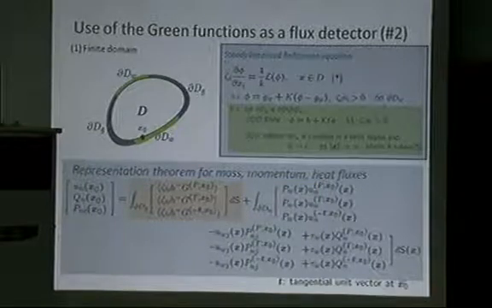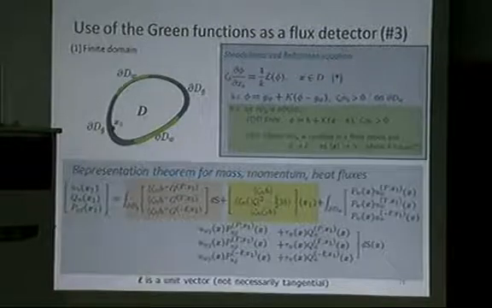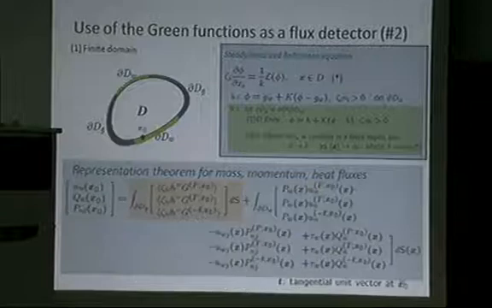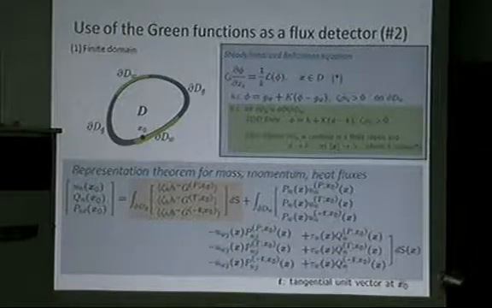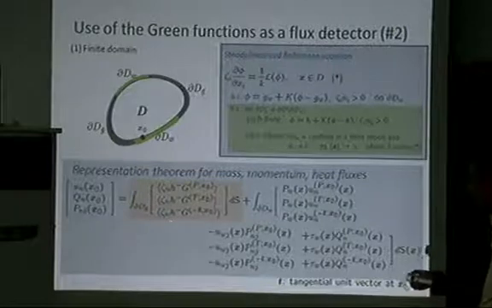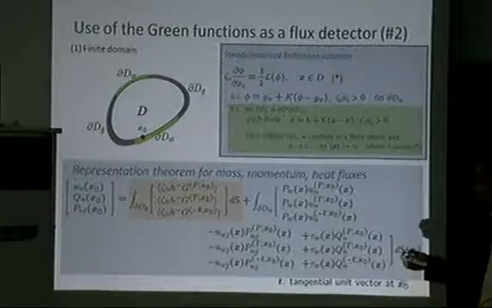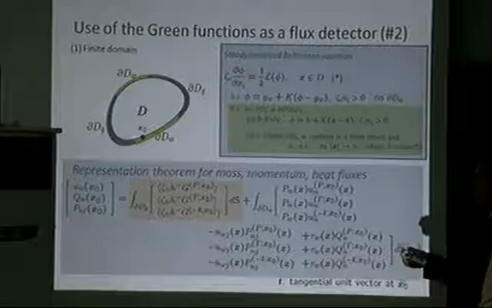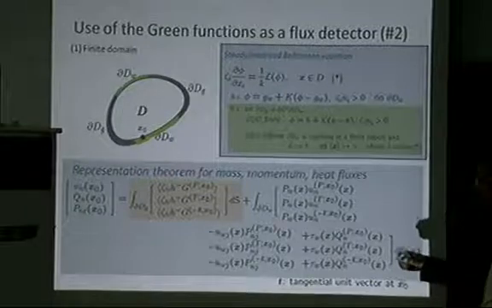Sorry. So this representation is for the point on the physical surface.